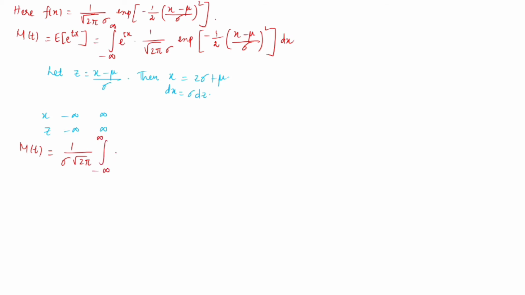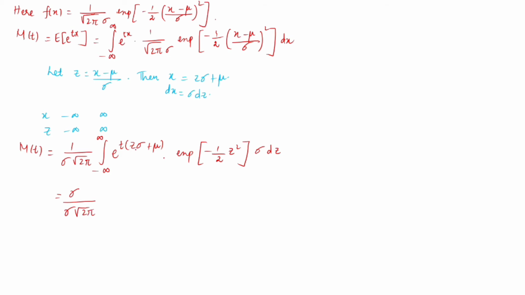Integral minus infinity to infinity e to the power t times of z sigma plus mu multiplied with exponential of minus half times of z square, multiplied with sigma times dz. The sigma is again a constant, so we take that outside. Okay, upon sigma times under root 2 pi.